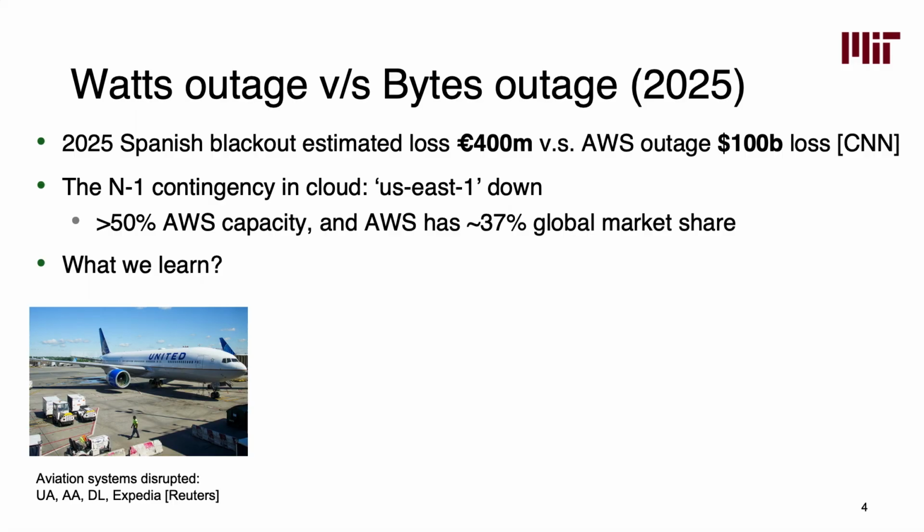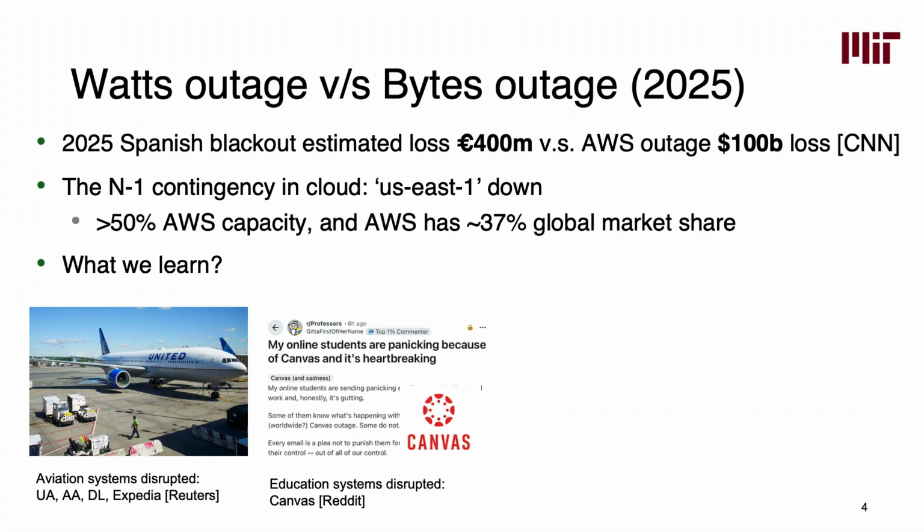For example, aviation. A lot of commercial airlines and cargo airlines were interrupted due to this internet outage. And since we're sitting in a university, the most relevant part would be Canvas or Piazza, which we are using. They also got interrupted a lot. Back then, a lot of students were not able to submit their homework before the deadline, which is probably the worst thing we could imagine as students, right?